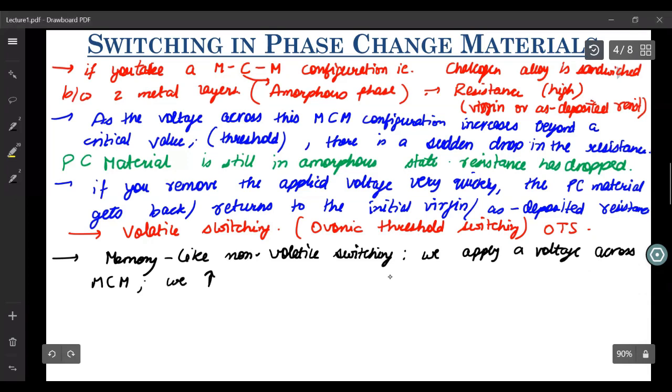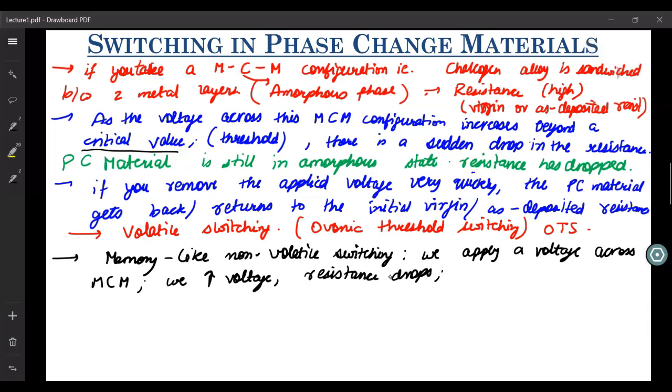We increase the voltage. As we increase the voltage, the moment it hits this critical value, its resistance drops. Now if we don't remove this voltage, what will happen? The current through this device will increase. So let me write that. The current increases.